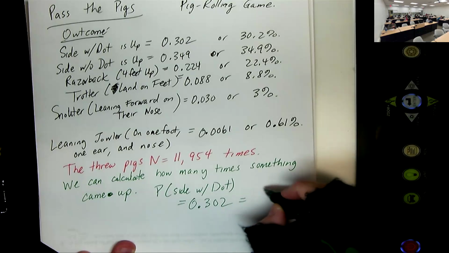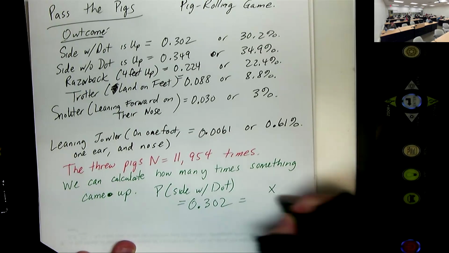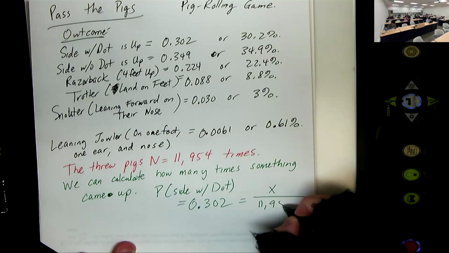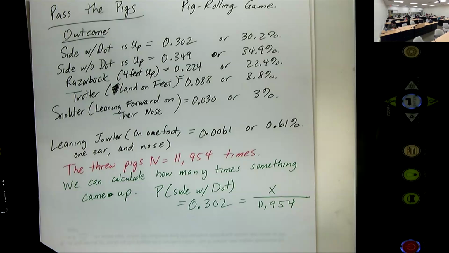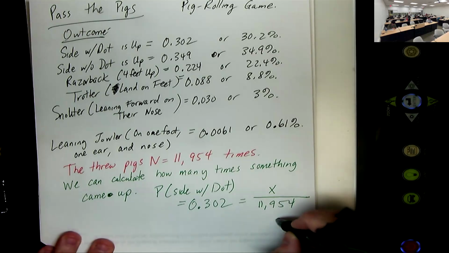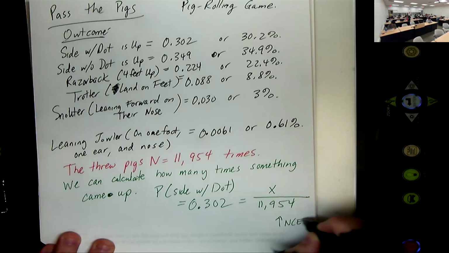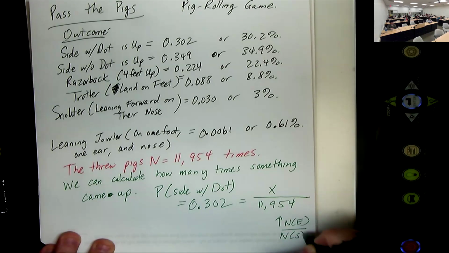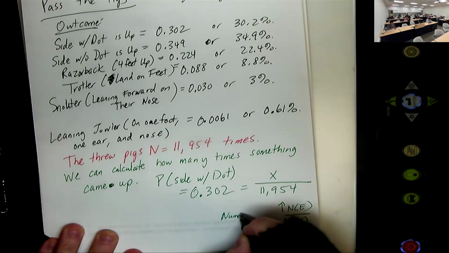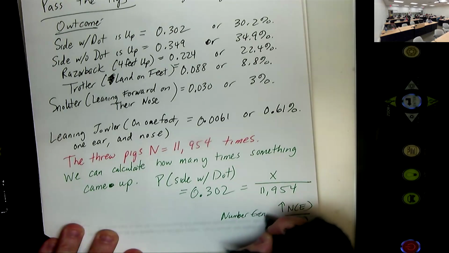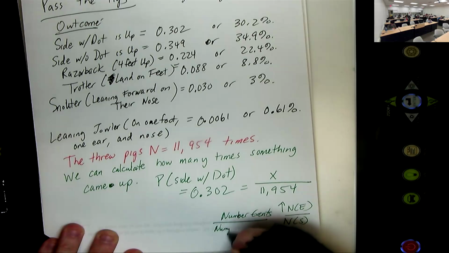It also equals some unknown value, I'm gonna use X, over 11,954. This format here is referred to as N of E over N of S: number of events over number in sample, or number in sample space.